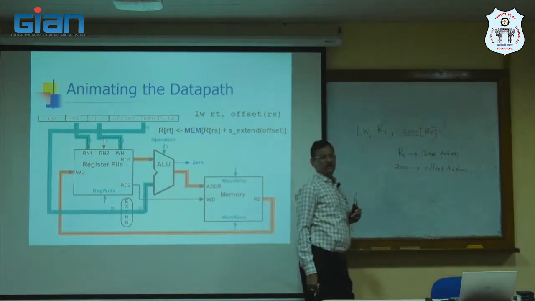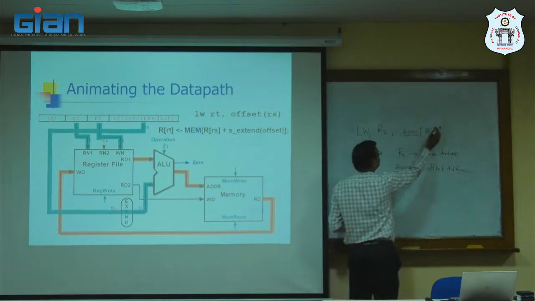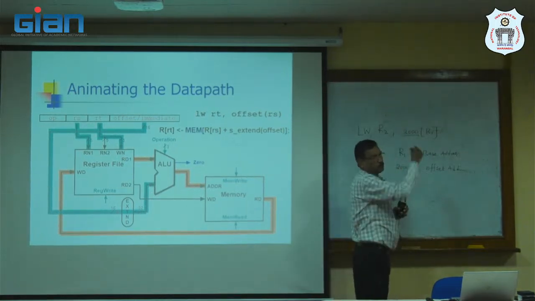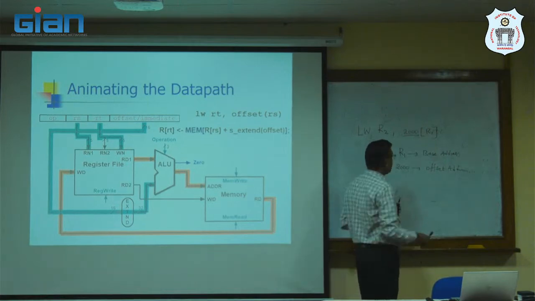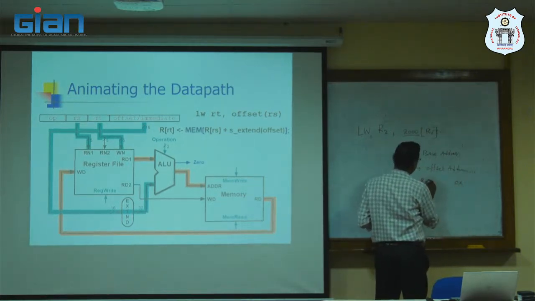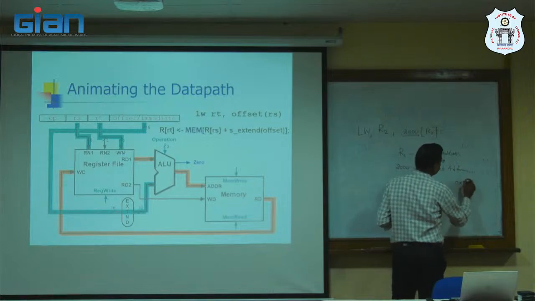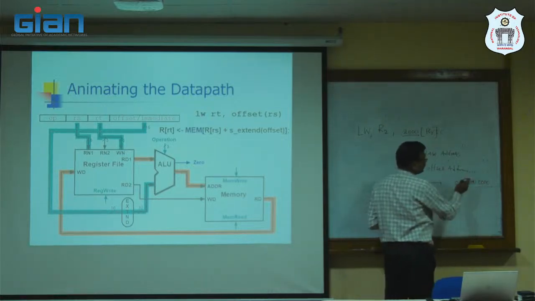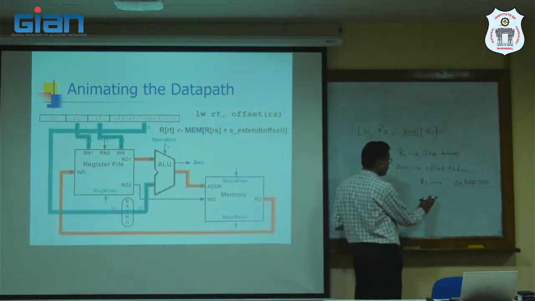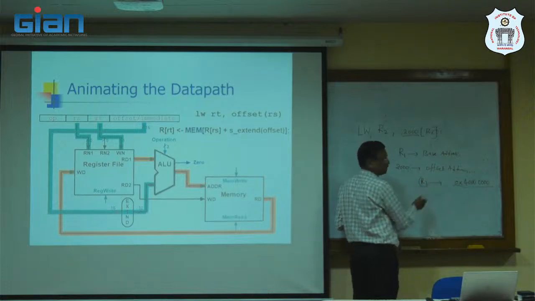Base address and offset address. Assume R1 initially contains some address that we have to load, the base address. Assume R1 is 0x, a 32-bit address. That's why I am writing 8 digits. The 0x is hexadecimal. So let us say R1 contains this address.